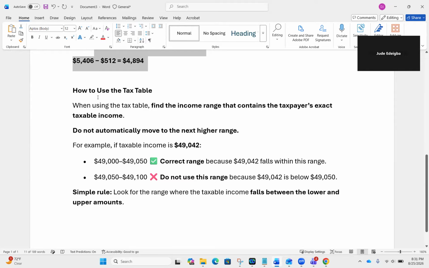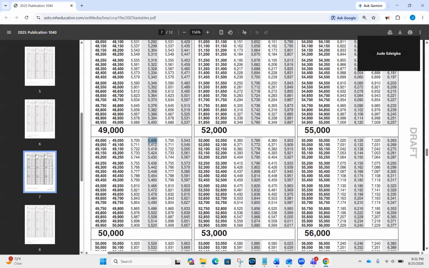Now, if you look at this section here, how to use the tax table. When using the tax table, you find the income range that contains the taxpayer's exact taxable income. You do not automatically move to the next higher range. Basically what that is explaining here, if the amount is $49,042, you don't want to start from that amount on the left side.